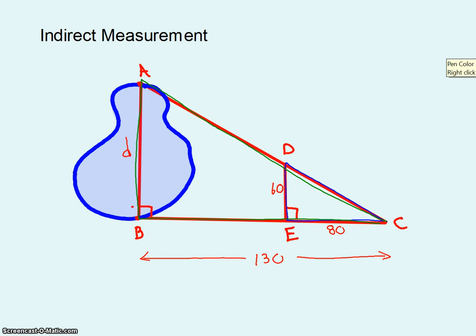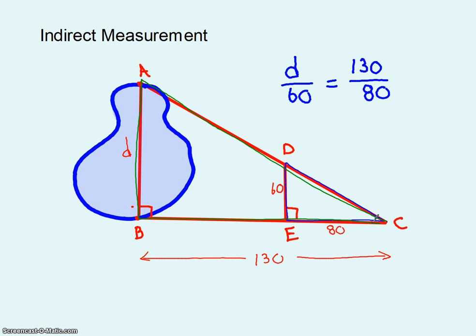The ratio of the big sides, D over 60, is going to have to be equal to the ratio of the horizontal sides, 130 over 80. So D over 60 is the ratio of the vertical sides, and 130 over 80 is the ratio of the horizontal sides. And those two ratios have to be equal if these two triangles are similar.